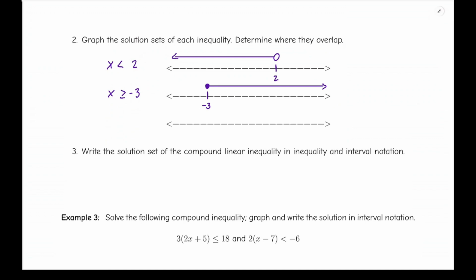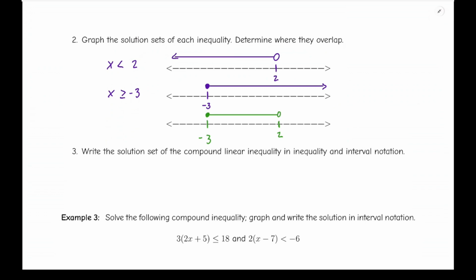Then the answer that we're looking for will be the overlap of these two graphs. And they overlap from negative 3 to 2. And then we're going to write the solution set of the compound inequality in interval notation.